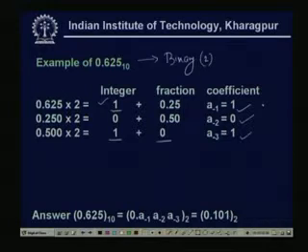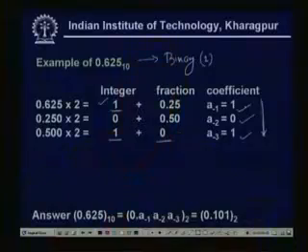Now I will take it in this order, 1 0 1, not in the reverse order. When we converted the decimal integer to binary, we took the reverse order. Now we are taking the correct order, 1 0 1.